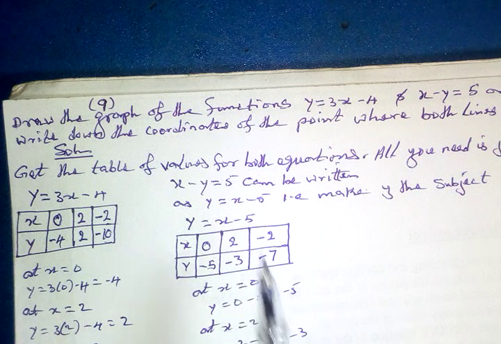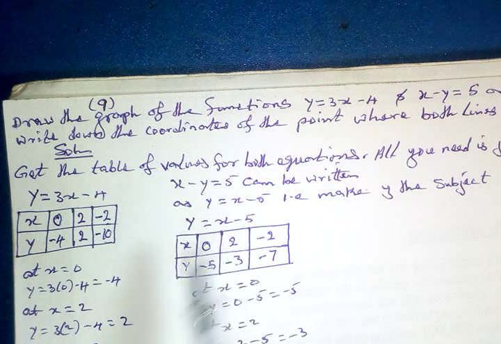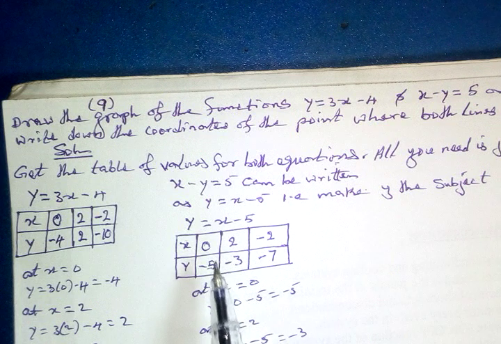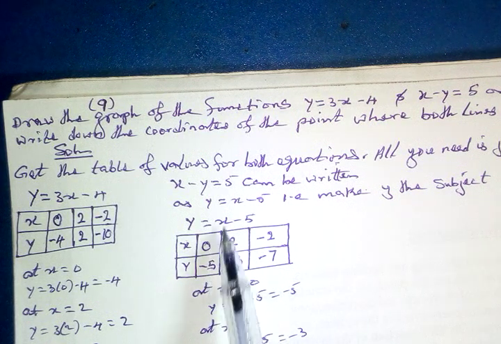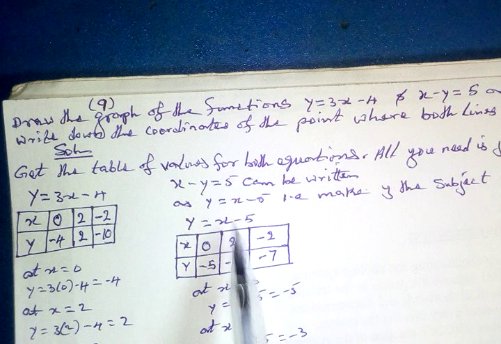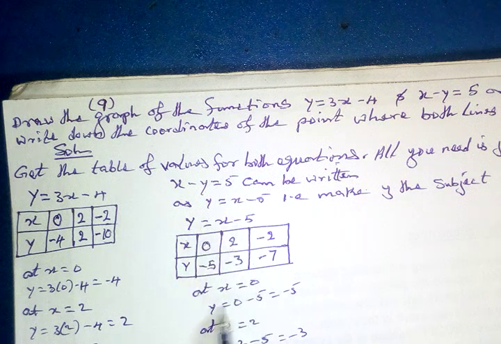Then the second equation, I also pick similar values. I picked 0, and when x is equal to 0, I substitute in the equation. y will be equal to 0 minus 5, which is the same as minus 5. And at x equal to 2, I substitute the value of 2 for x, and y will be equal to 2 minus 5, which is the same as minus 3.